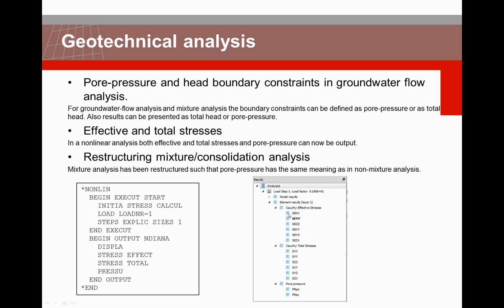The effective ones are the Cauchy effective stresses, the stresses between the grains of the soil, or the total stresses, in which the contribution of the fluid in the voids between the grains is added, and also the pore pressure can be output explicitly. This is simply defined by the following output items: stress effective, stress total, or the pore pressures.